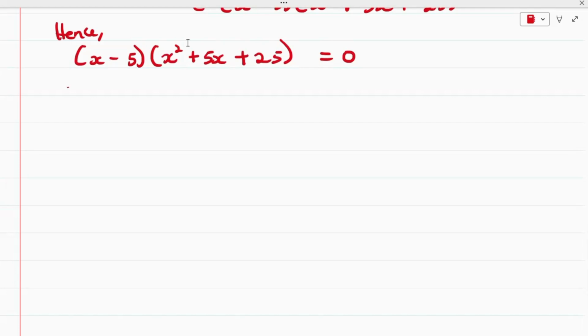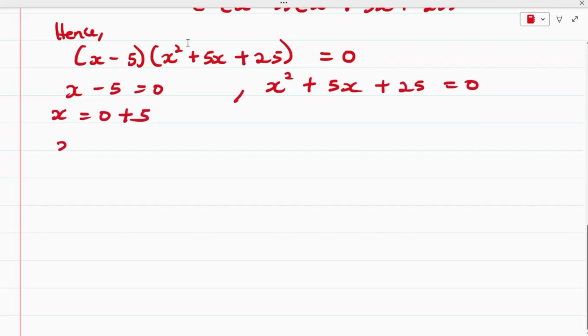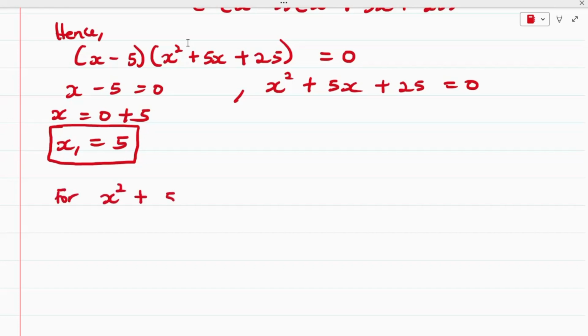This implies that x minus 5 is equal to 0 and x squared plus 5x plus 25 is equal to 0. So x is equal to 0 plus 5, and x is equal to 5. We're going to call this x1, which is equal to 5, and we have been able to find the first value of x. Now for x squared plus 5x plus 25 equals 0.